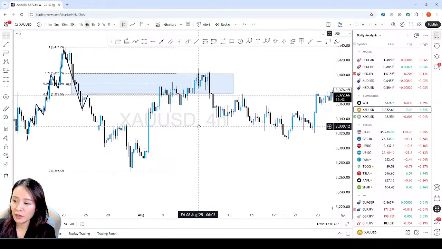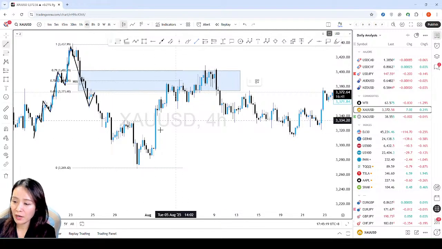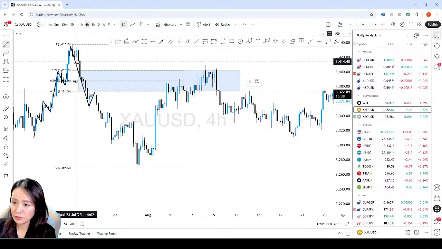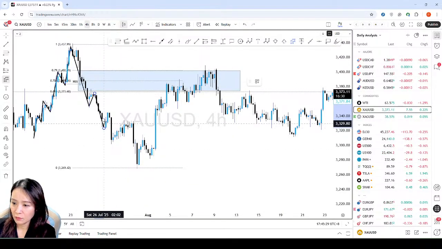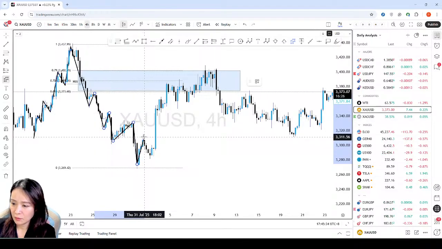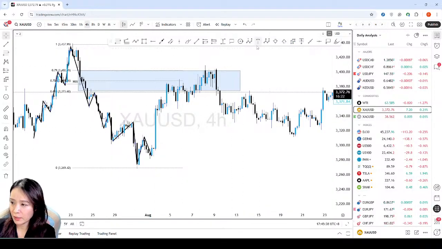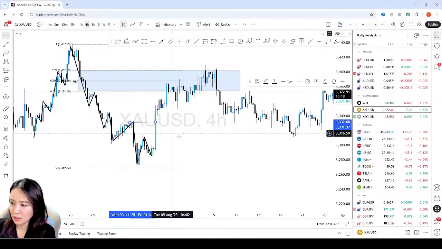Okay, you can sell here, and you can also see that price already had a market structure shift from the bearish to the bullish from here, right? Lower low, lower high, lower low, lower high, lower low, lower high, and then a higher low, and taking out this high, which I consider the high.